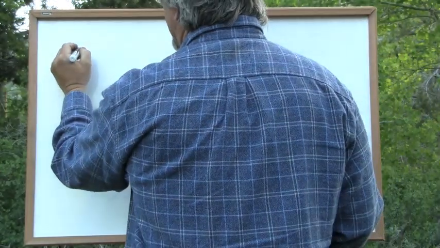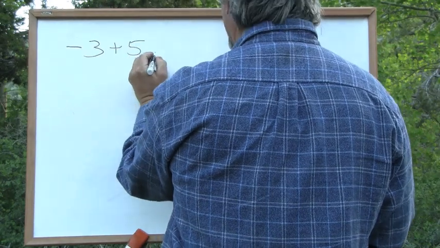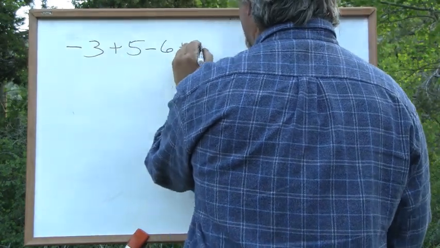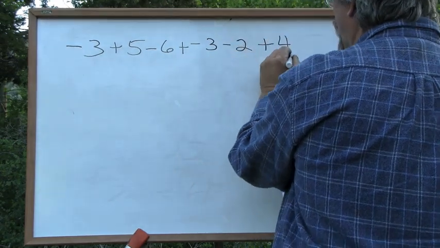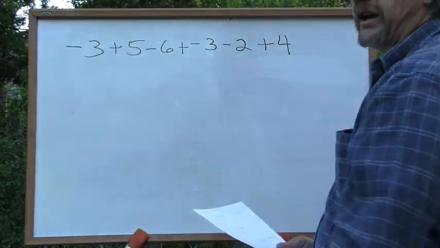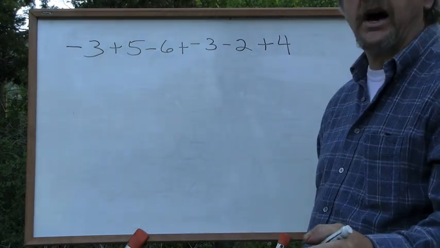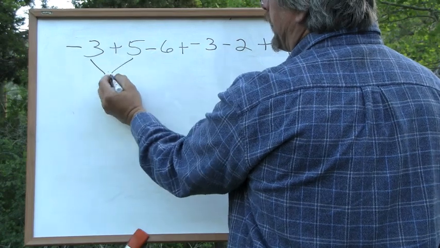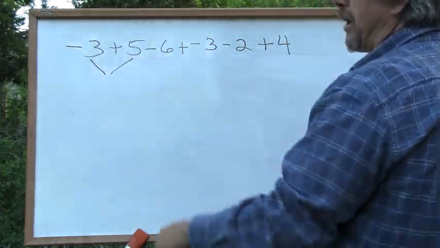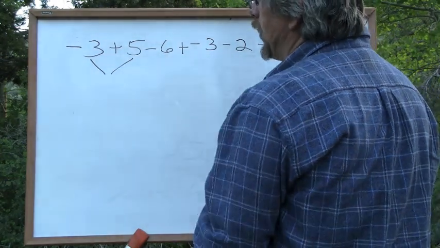Let's say we have negative 3 plus 5 minus 6 plus negative 3 minus 2 plus 4. I mean, equations can get great big, long, and hairy. All you do is you think of the number line. You're beginning at negative 3 plus 5. 5 is the larger number absolute value-wise, so it's going to be a positive answer between these two.